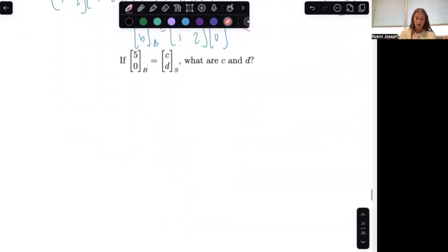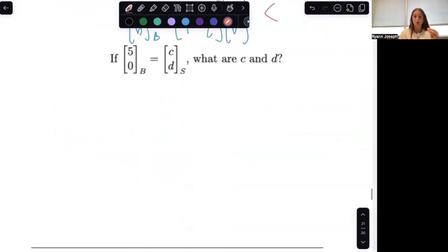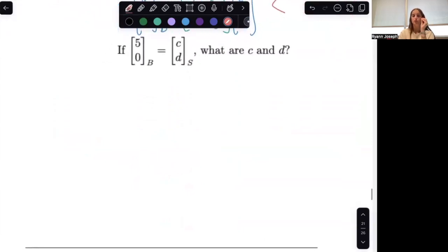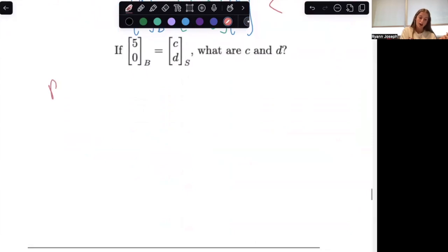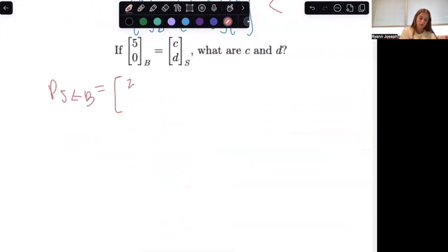Now, going the other way, if I have something with respect to B already, and I want to go with respect to the standard basis, I just need to go the other way. So again, I already am given B to S. We know that already, so 2, 1, 3, 2.